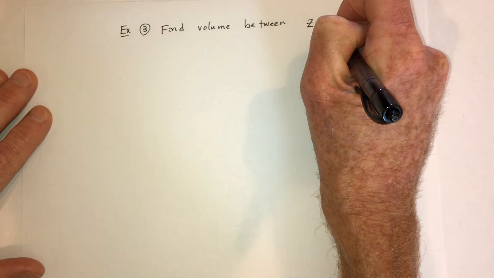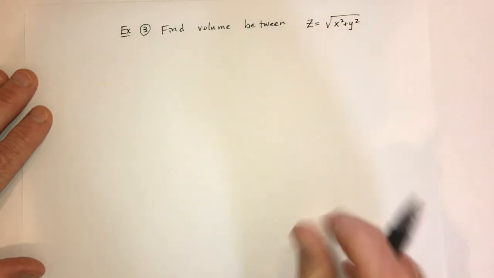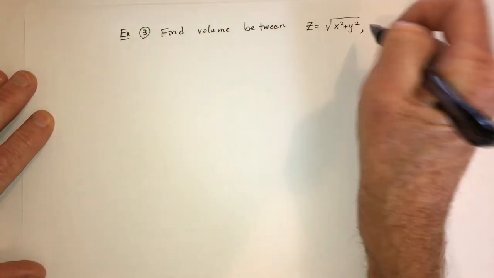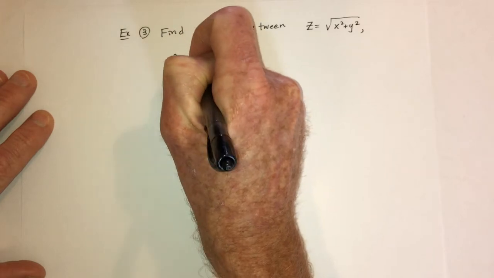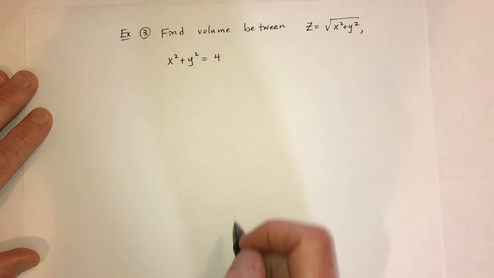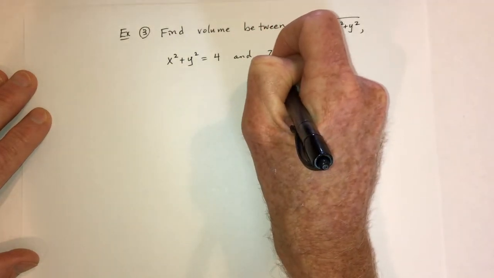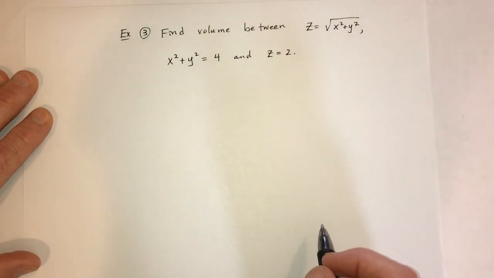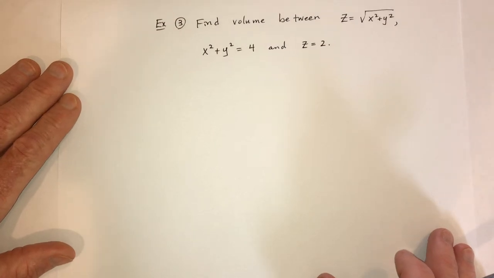Z equals the square root of x squared plus y squared, and that is a cone, comma, x squared plus y squared equals 4, that's a right circular cylinder, and z equals 2, and that's a plane. So just a quick sketch of what's going on.